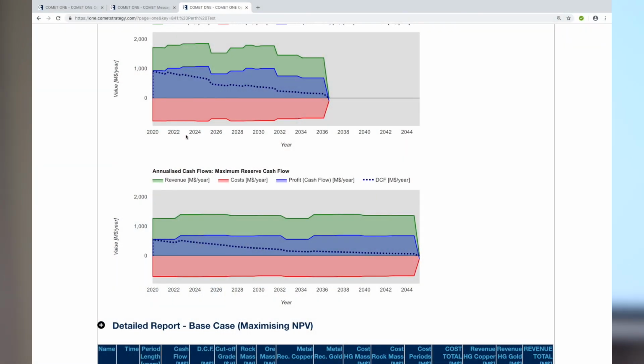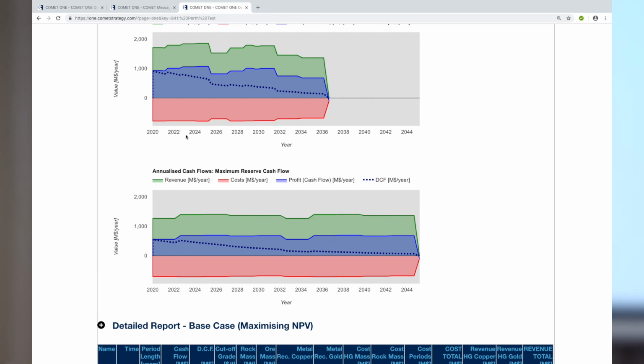We mine a lot less material. All these diagrams are scaled to the same scale, both in time, and in the vertical and horizontal axes. So you can see we've got a longer life, and we've achieved that by dropping our cut-off grade, which means we have less waste, more ore. So our total amount of ore has increased.